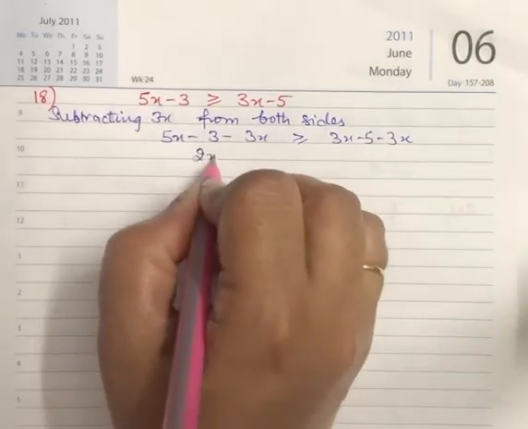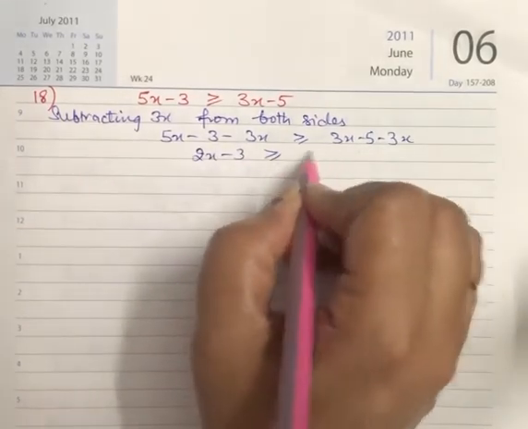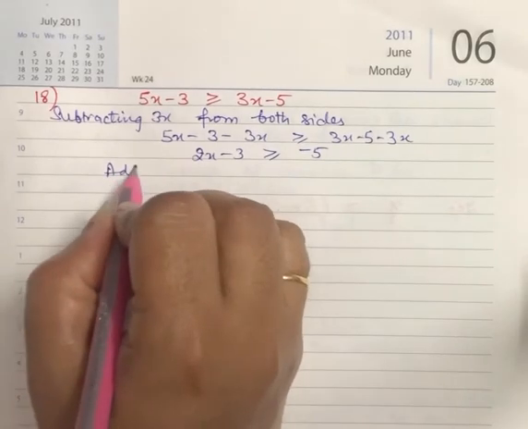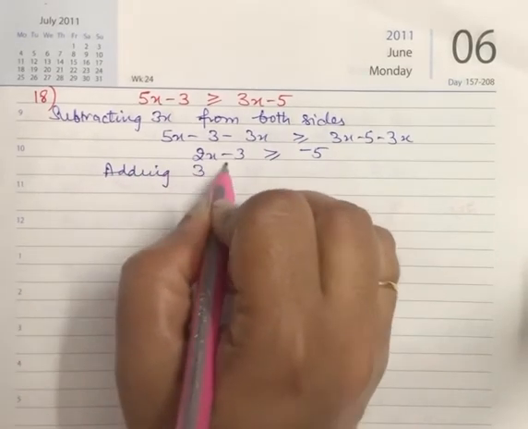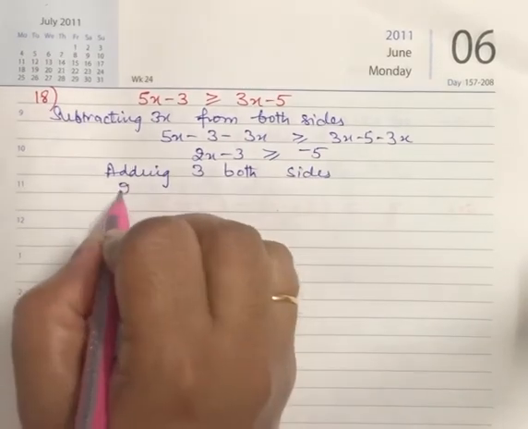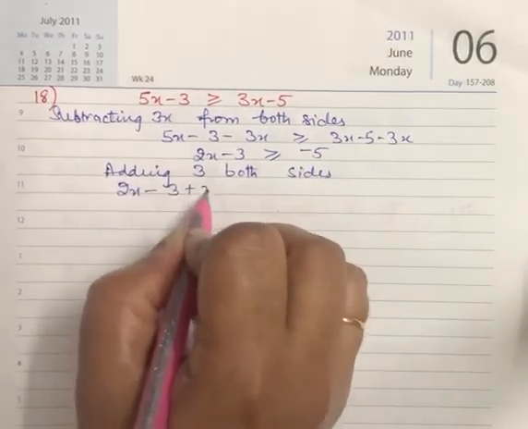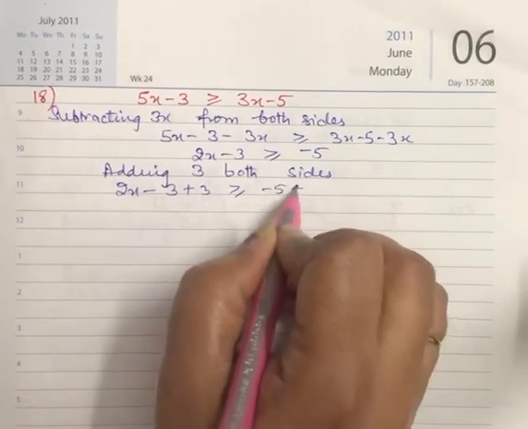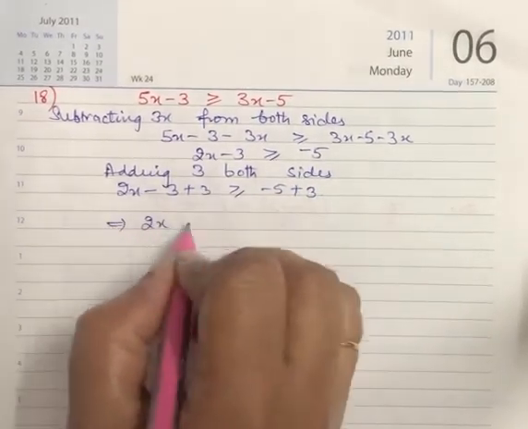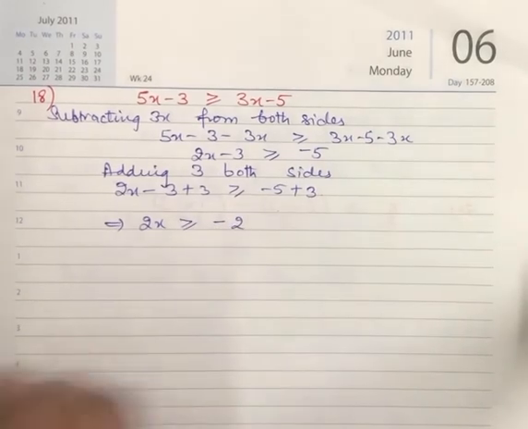So 2x minus 3 greater than equal to minus 5. Now adding 3 to both sides, we get 2x minus 3 plus 3 greater than equal to minus 5 plus 3. So this becomes 2x greater than equal to minus 2.